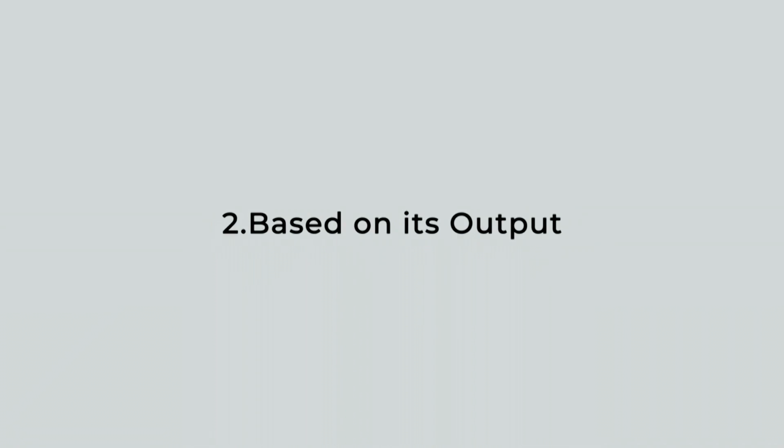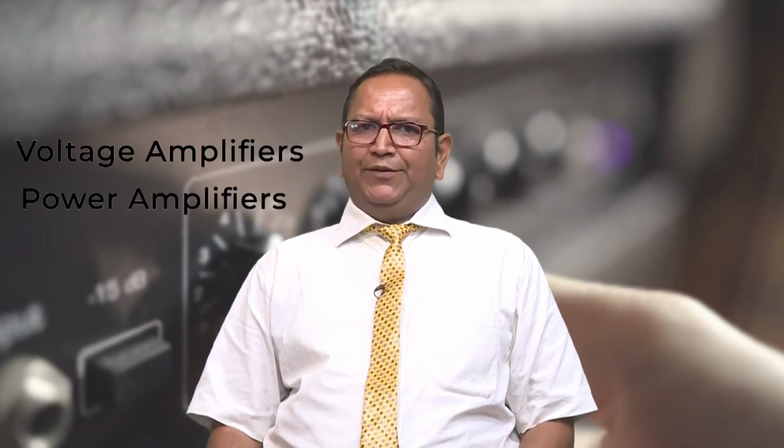Now, second one is based on its output. Depending upon the parameter that is amplified at the output, there are voltage and power amplifiers. Here the first one is voltage amplifier.